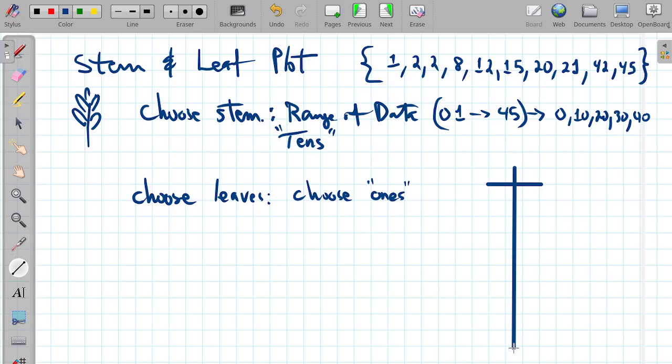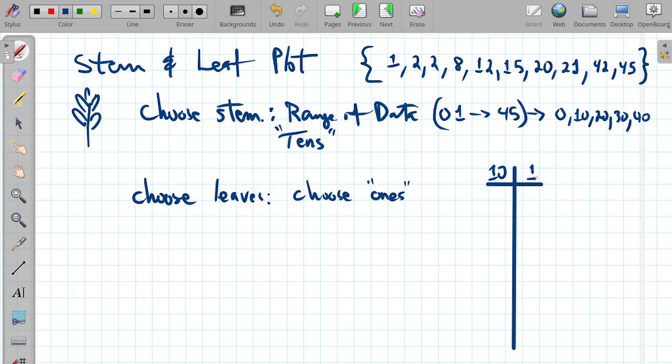So we're choosing the leaves to be the ones, the rightmost digit, and the stem will be the tens. So here we have, well, I didn't change my marker back. Should know better by now. So here are the tens. These are the ones. Now you can start from the smallest and go down, or you can start from the largest and go down.